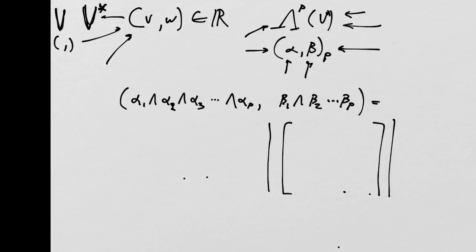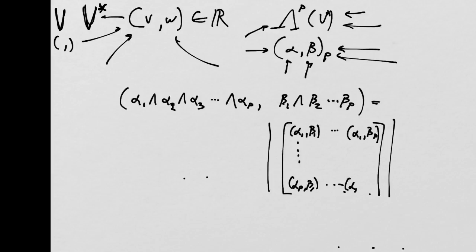And the elements of that matrix are going to be, because we're trying to generate this inner product, knowing this inner product: alpha 1, comma, beta 1, through alpha 1, comma, beta P, down to alpha P, comma, beta 1, through alpha P, comma, beta P. So I can form the inner product that's induced on the exterior power space by the inner product from the original vector space. It is this guy right here, the determinant of the matrix.